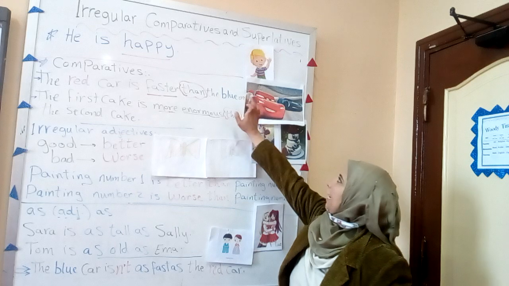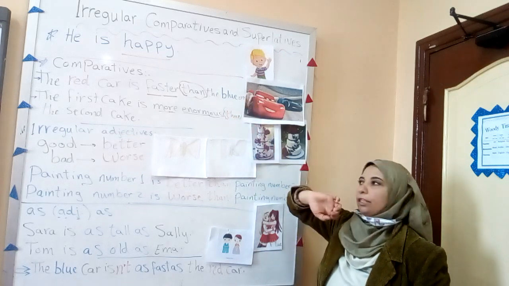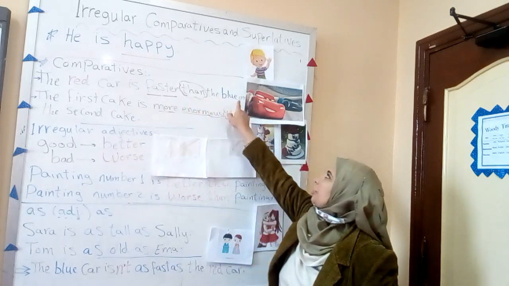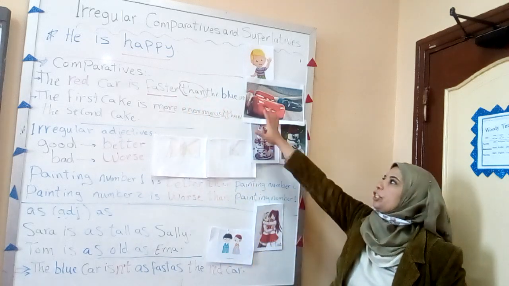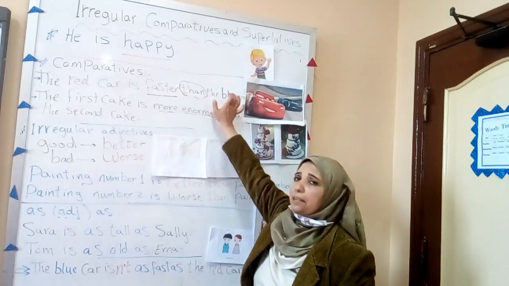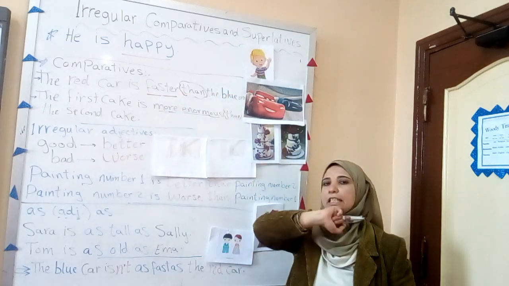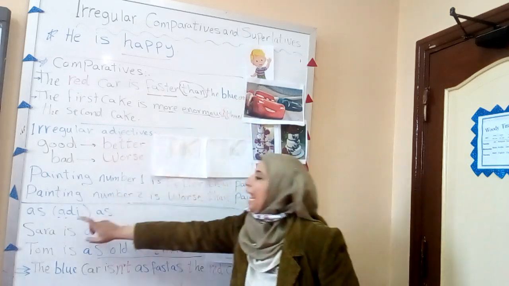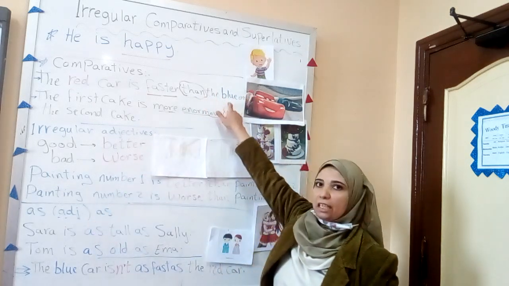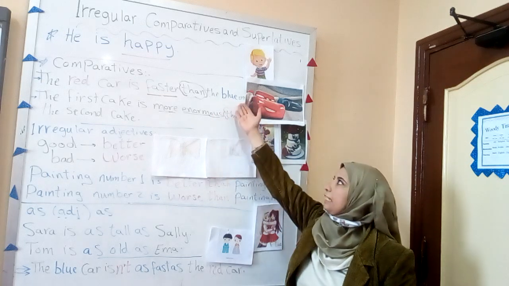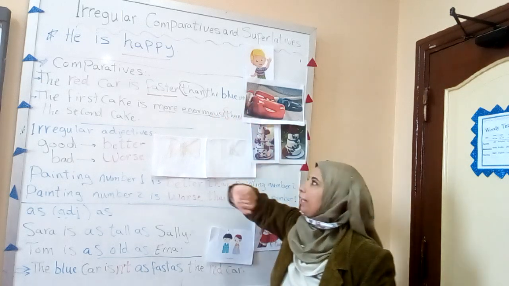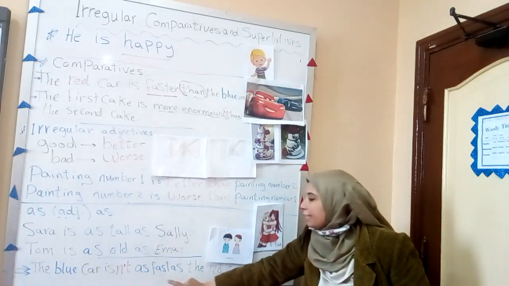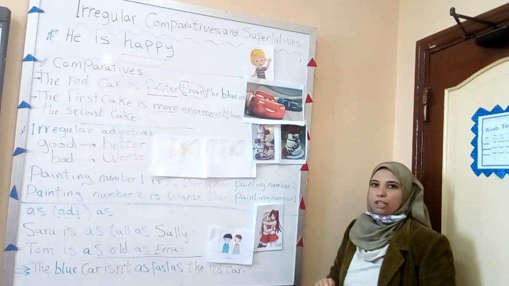What about this, also comparative, but look here. The red car is faster than the blue one. So here this is comparative also, but they aren't the same. If you wanted to use as, adjective, as for things that aren't the same, we use: the blue car is not as fast as the red car.